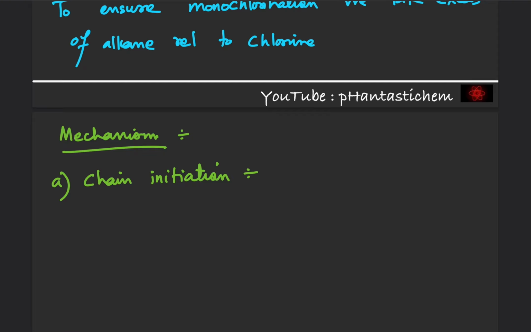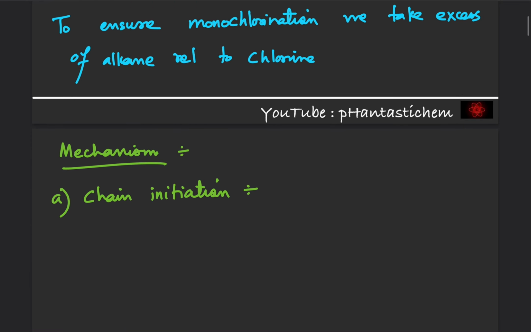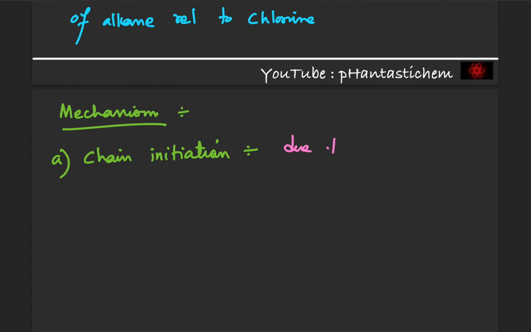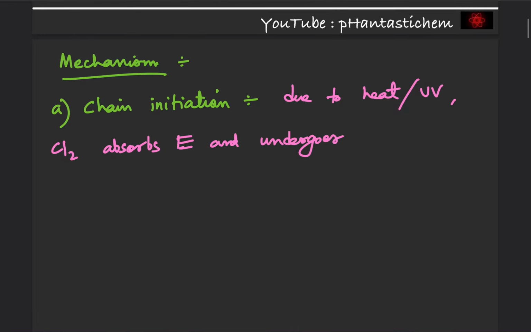Due to the heat or the UV light, the Cl2 gas absorbs energy and undergoes homolytic fission, producing chlorine free radicals.